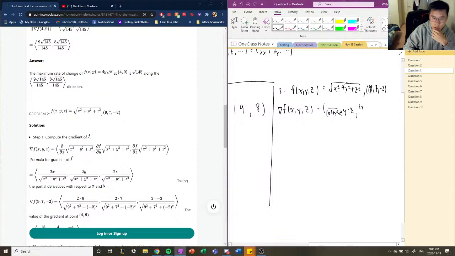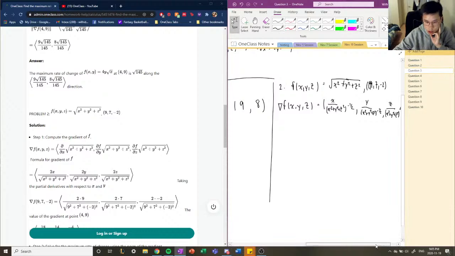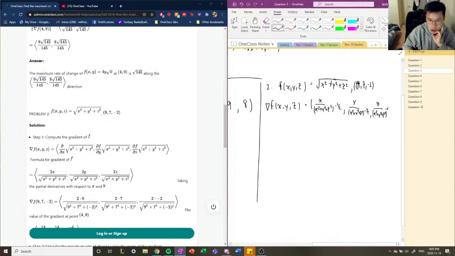So it's the outside function, which is the square root first, and then the inside function, which is just x squared. Everything else is constant in a partial derivative, okay? So there should be a y over x squared plus y squared plus z squared to the power of one half, and we have z over x squared plus y squared plus z squared to the power of one half. Sorry for my really tiny writing. Okay, so this is our partial derivative of this function.